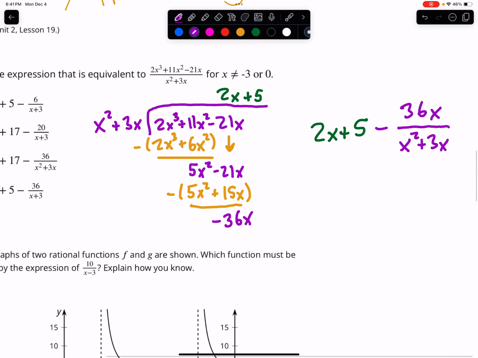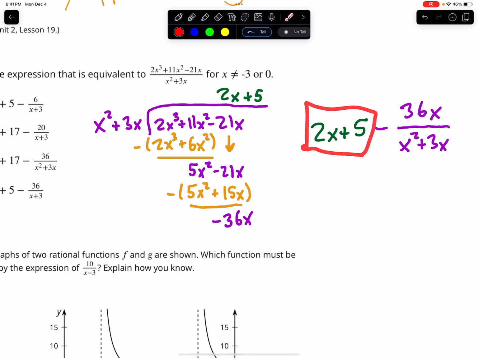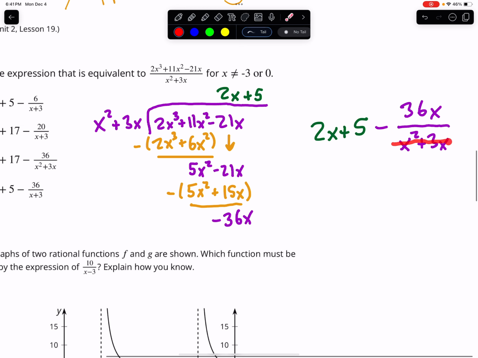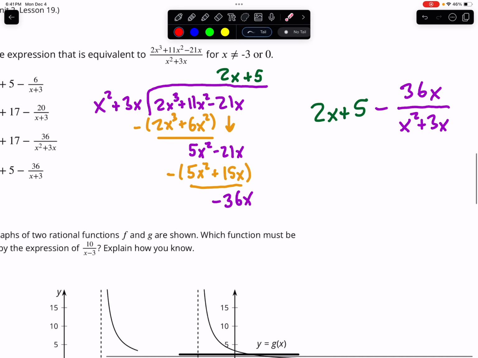This shows me what the end behavior of the graph is going to do. As x gets really, really big, this thing is going to be approaching the same end behavior as 2x plus 5. And as x gets really, really big, this fraction is going to get super tiny small, get closer and closer to 0, and be completely meaningless as these x's down here get larger and larger.